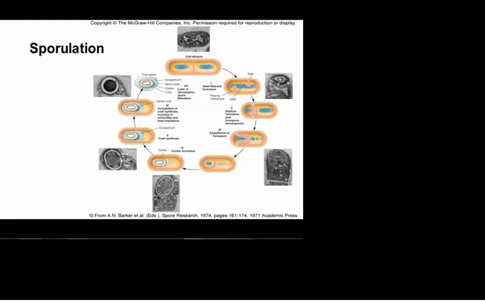When bacteria grow normally, each daughter cell is identical, they're carbon copies of each other. In this case, no, you get one mother cell and it produces two very different, differentiated cell types: the endospore and the surrounding supporting cell.